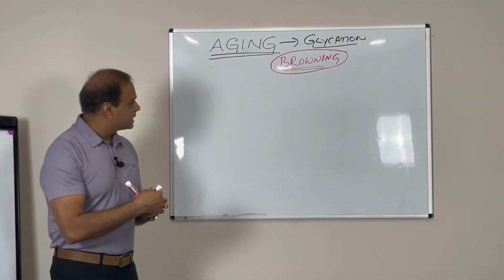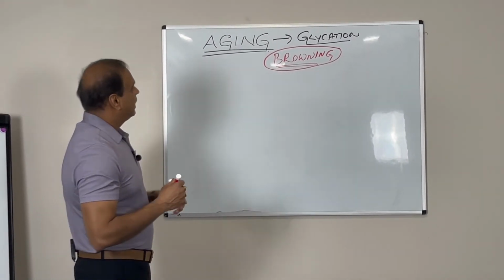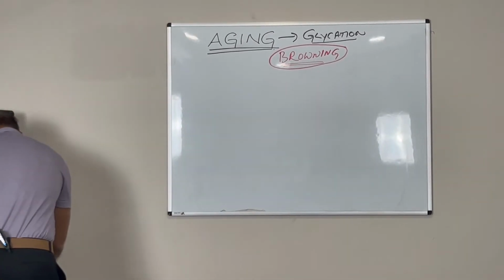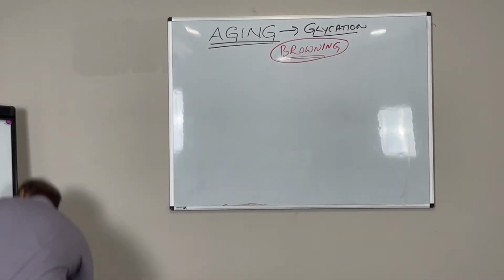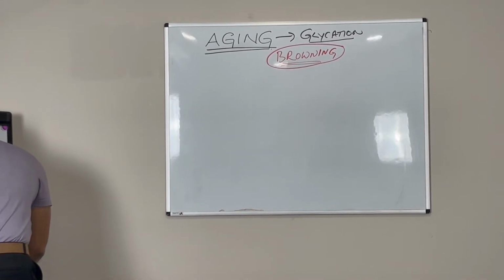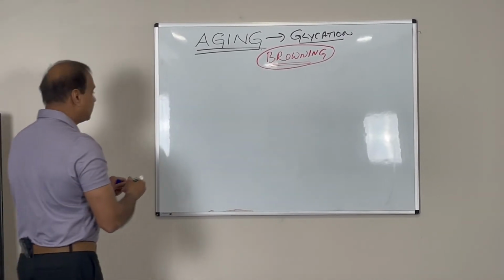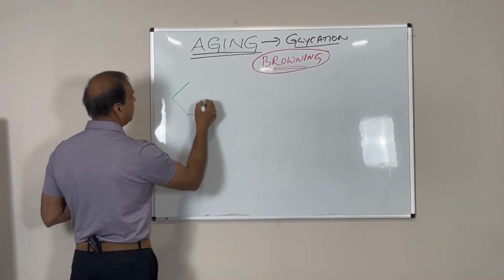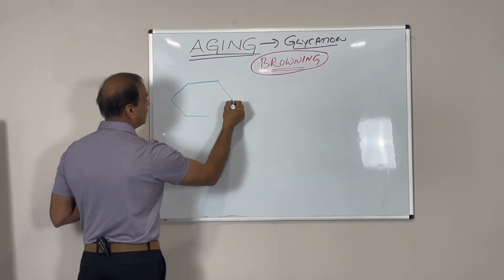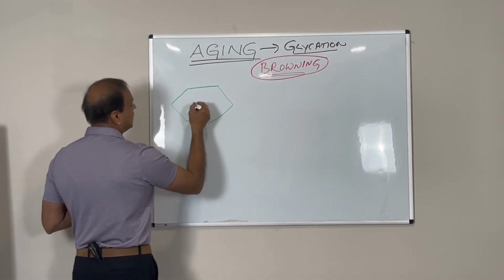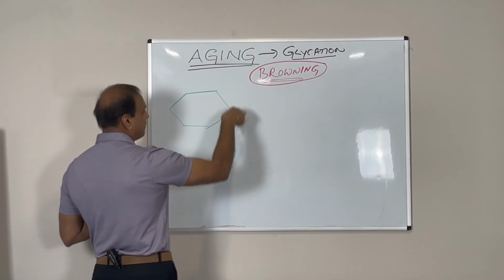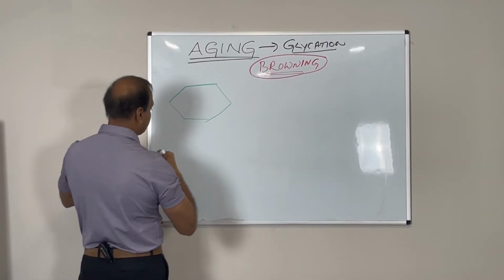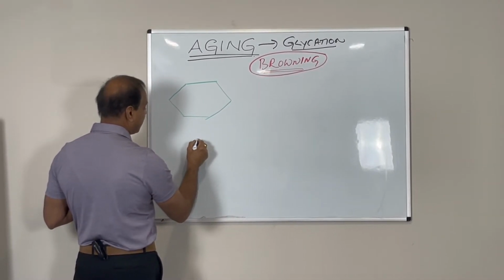So what happens in this whole reaction is, I will be listing glucose and fructose in two different forms. If you take a glucose molecule, it's a 6 carbon ring, a 6 membered ring, and fructose is also a 6 carbon molecule, but it is a 5 membered ring.